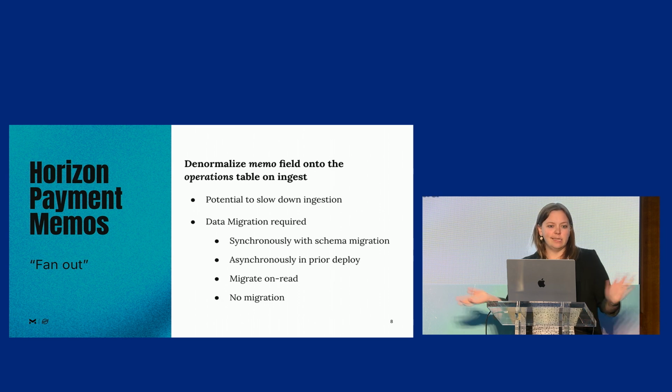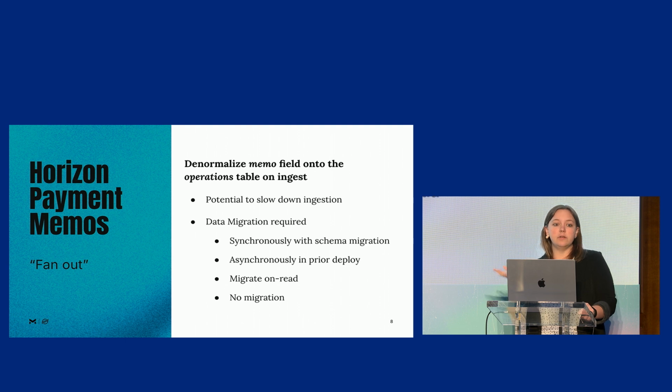Or you could not migrate the data at all. This is always an option, kind of. In that case, you just completely throw the responsibility for dealing with this to the end user. By that I mean somebody that's using Horizon, querying Horizon, they now need to know, hey, the memo field was added to operations sometime around October 17th, right?